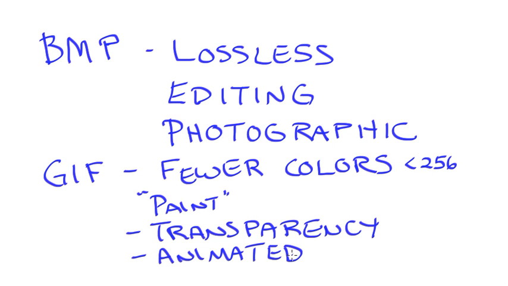All right, let's look at another one. We have the PNG. Still dealing with bitmap file formats. This one works very well for photographic types of images. It is a lossy file format. Where it is different from the JPEG is it supports transparency.